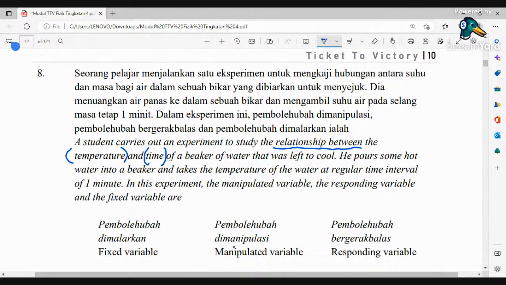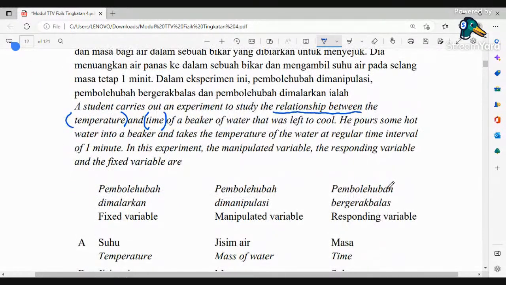So which one should be the MV and which one should be the RV? He pours some hot water into a beaker and takes the temperature of the water at regular time intervals of 1 minute. So he mentioned the time here. In this experiment, the manipulated variable, the responding variable, and the fixed variable are.